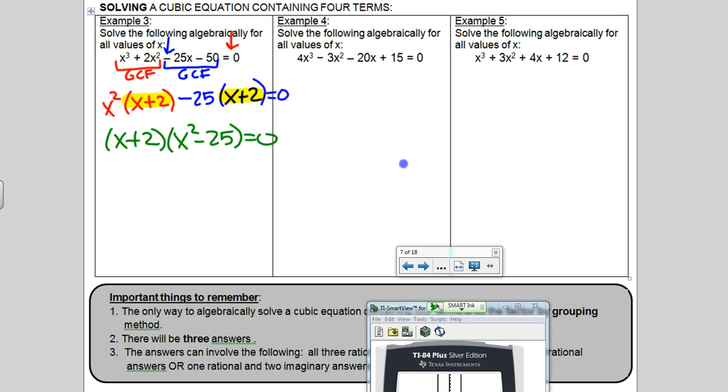And with solving, you don't have to go on again with factoring. You could set them both equal to 0 right now, but I notice that this right here is difference of squares, so I'm going to factor again. Okay, keeping x plus 2, and then factoring x squared minus 25 into x plus 5, x minus 5.